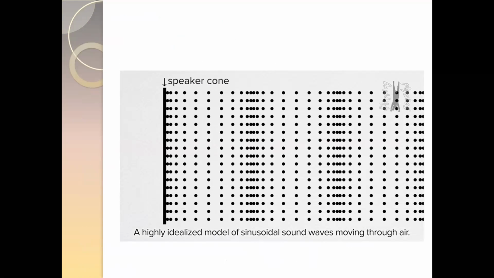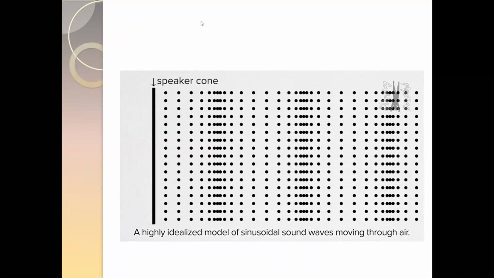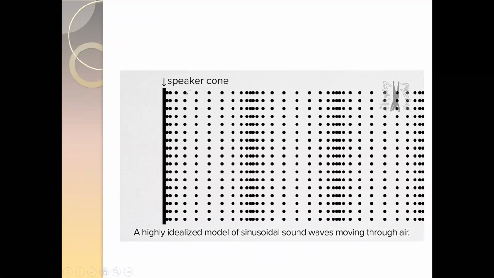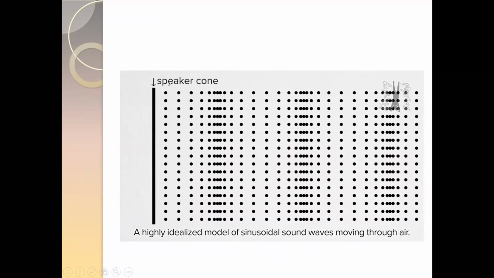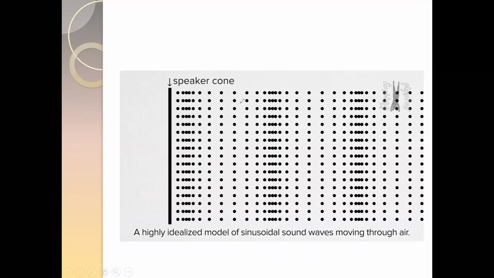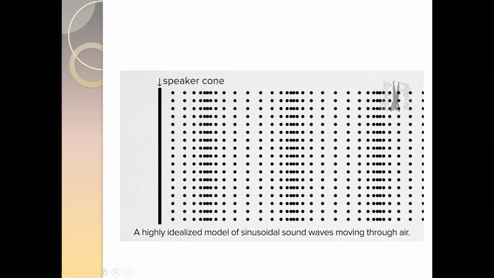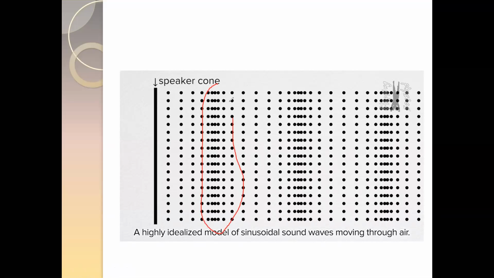What you observe in this picture is that the speaker cone is causing a vibration in the particles. So there are some places where the particles are very close to each other, and some regions where the particles are away from each other.